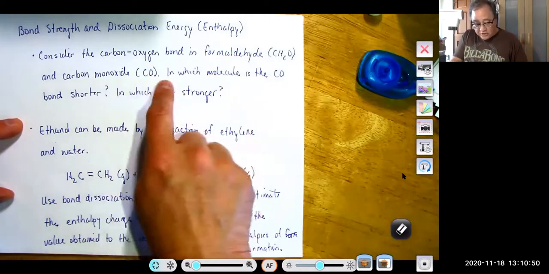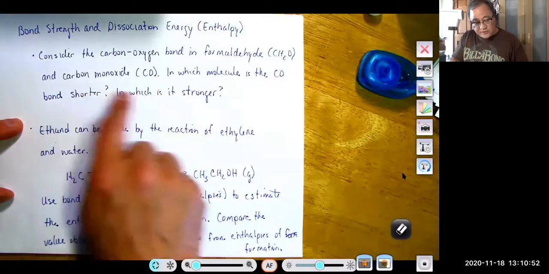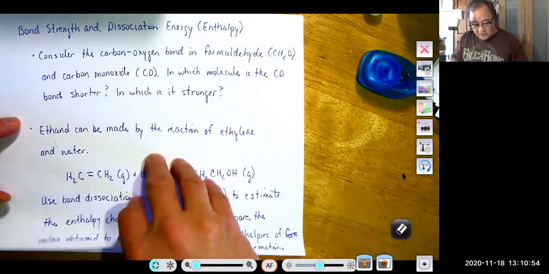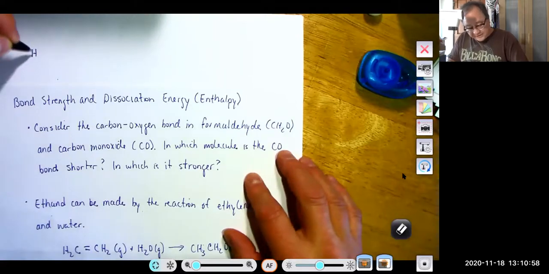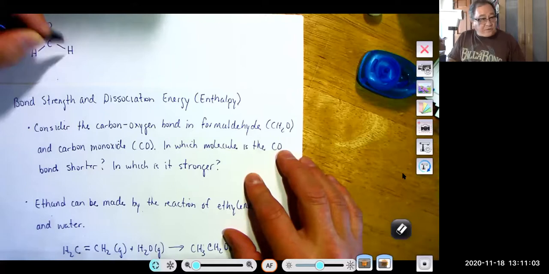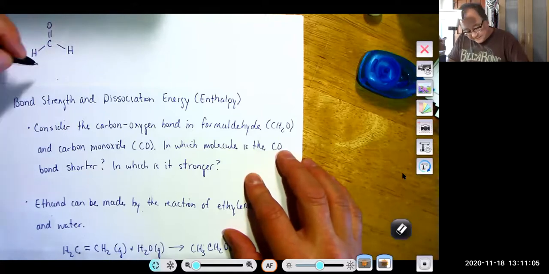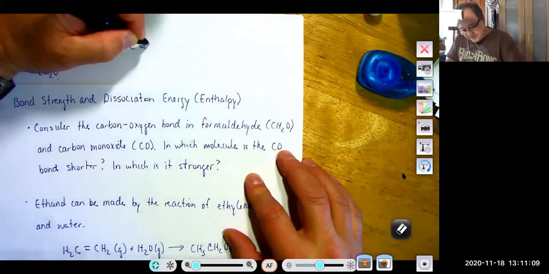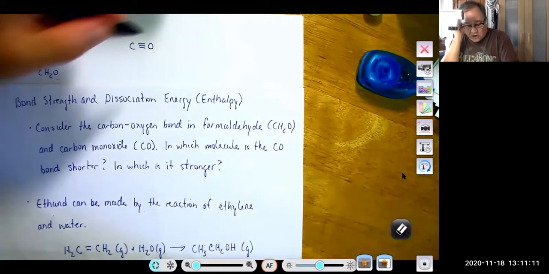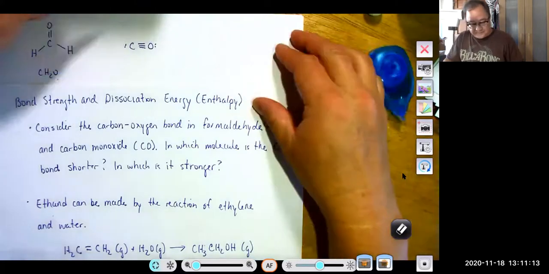In which molecule is the CO bond shorter? In which is it stronger? So we need to have structures for these. So this is the one for formaldehyde. And this is the one for carbon monoxide.